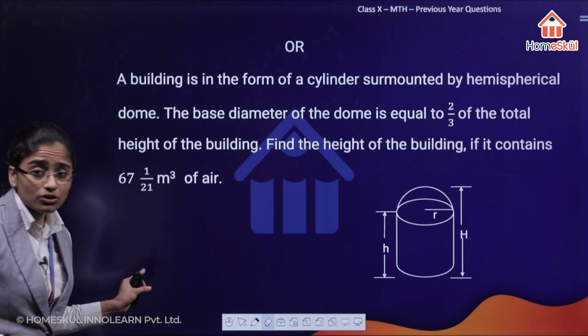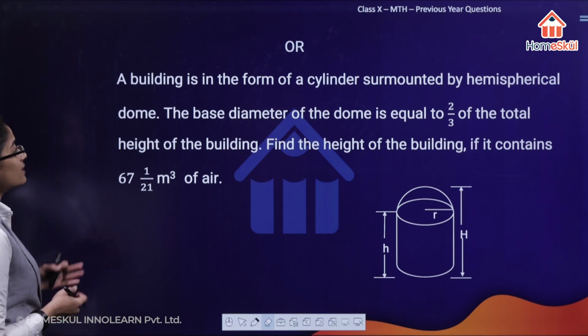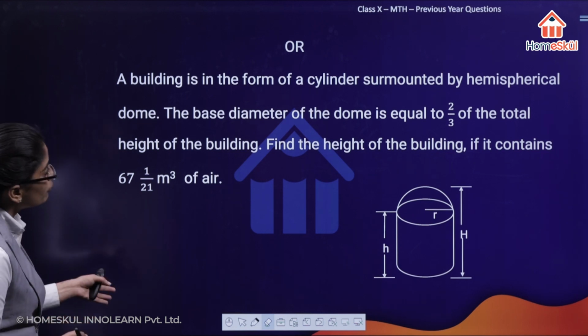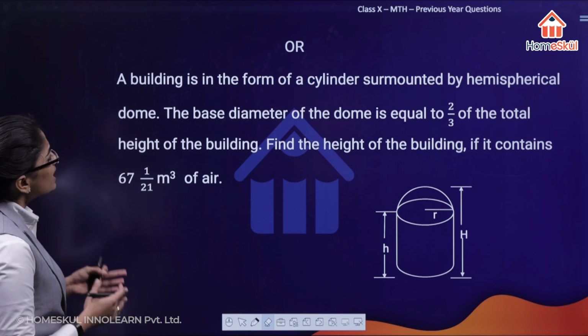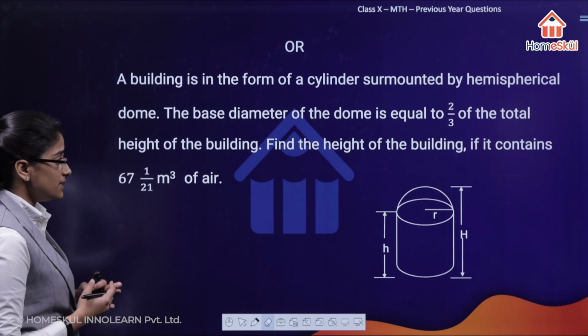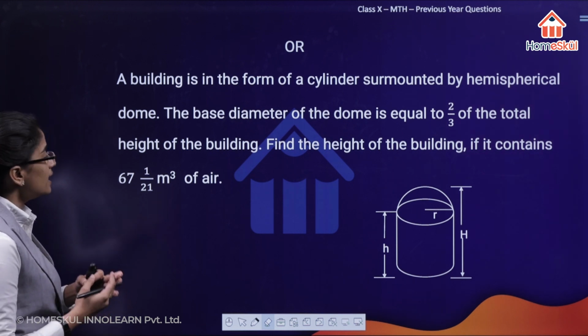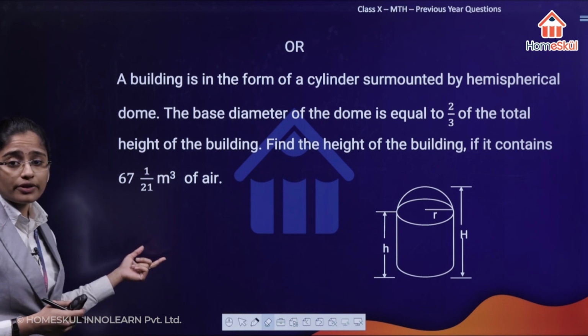Here we are having one more or-choice question for the 33rd question. So moving on to that question. A building is in the form of a cylinder surmounted by a hemispherical dome. The base diameter of the dome is equal to 2/3 of the total height of the building. Find the height of the building if it contains 67 1/21 meter cube of air.